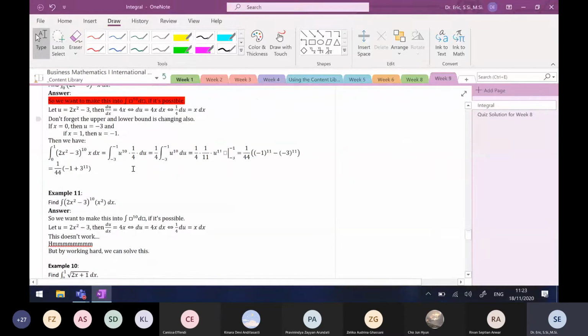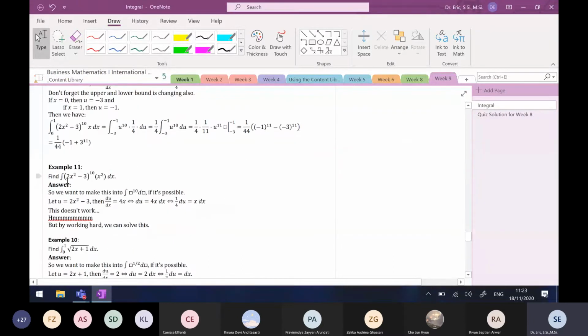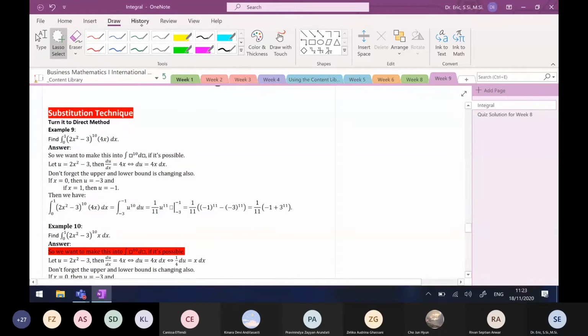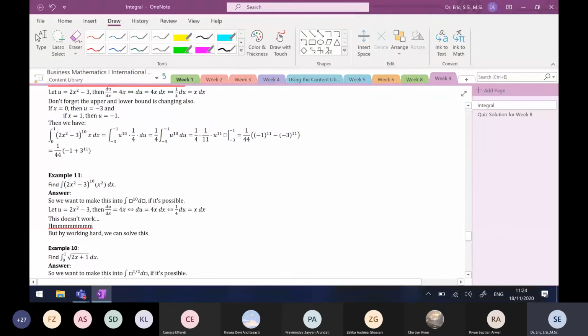What about this one, example 2, x squared minus 3? Don't forget. If you have this one, example 11, you want to make this a box to the power of 10, d box. Is it possible? Let u equal x squared minus 3.